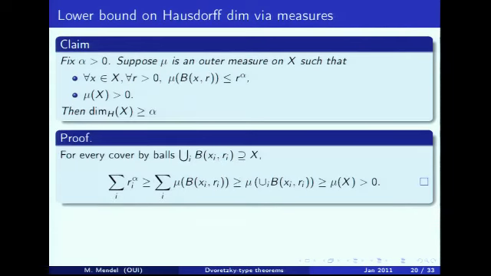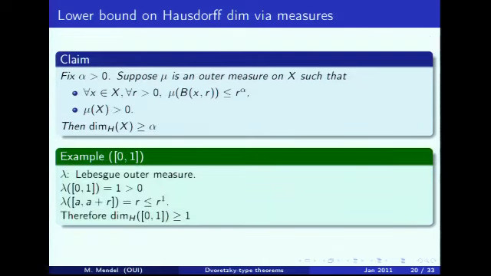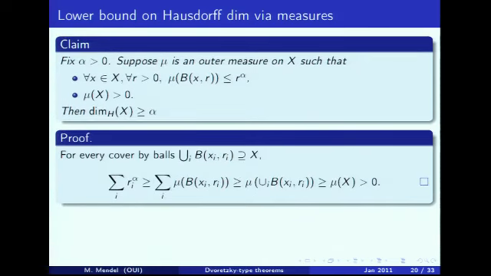Here is the one-line proof. What I want to show is that for any cover of X, this expression is bounded away from 0, regardless of the cover. So you see, it's a one-line proof, pretty standard.